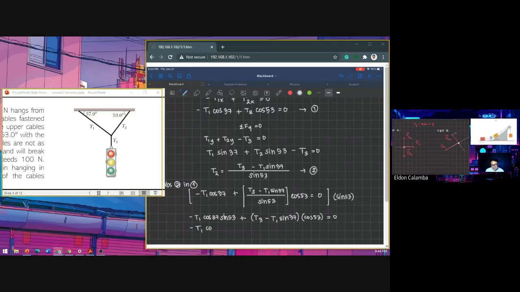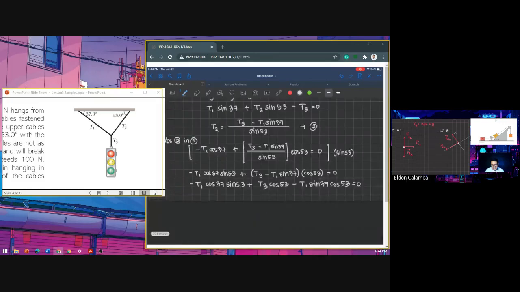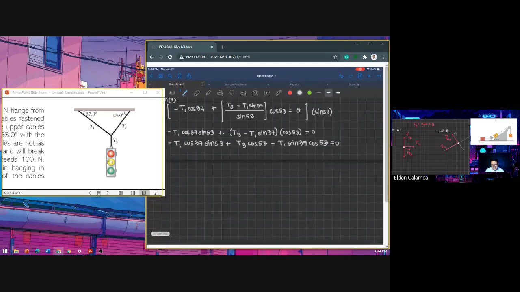So, negative T1 cos 37 sin 53 plus T3 cos 53 minus T1 sin 37 cos 53 equal to 0. Ayan. So, that's my equation.